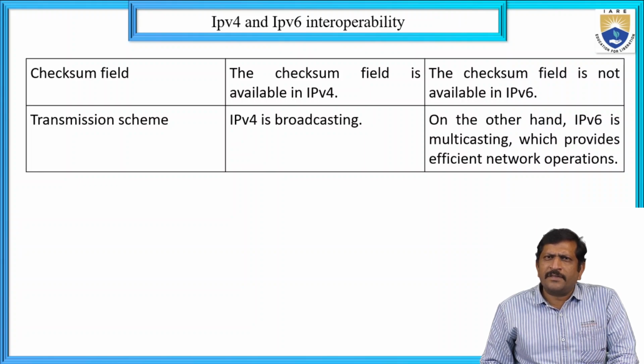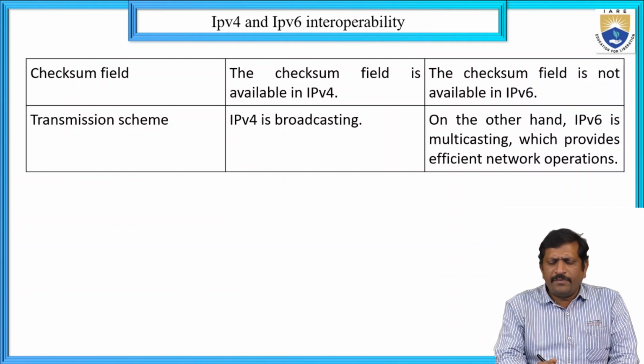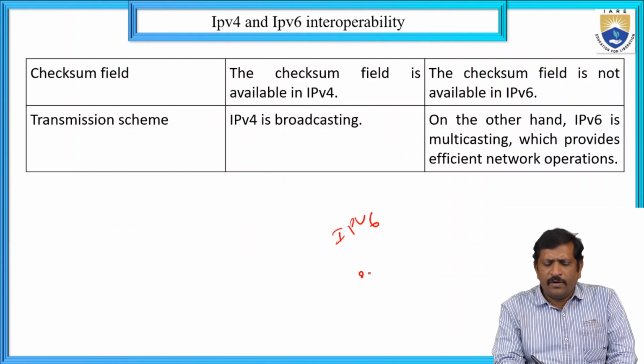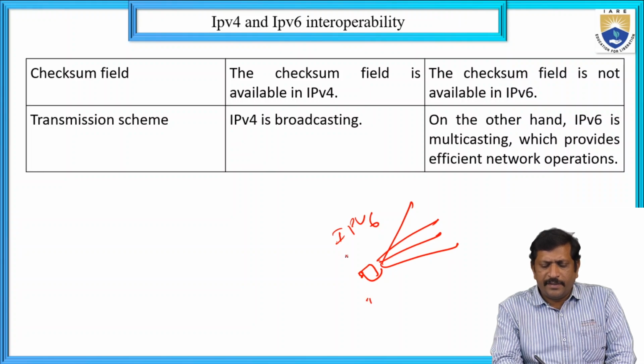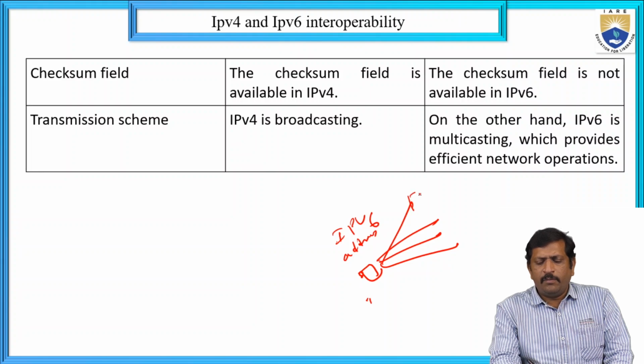The transmission scheme. IPv4 is broadcasting. On the other hand, IPv6 is multicasting, which provides efficient network operation. With the help of IPv6, we can send from a sender to multiple devices.